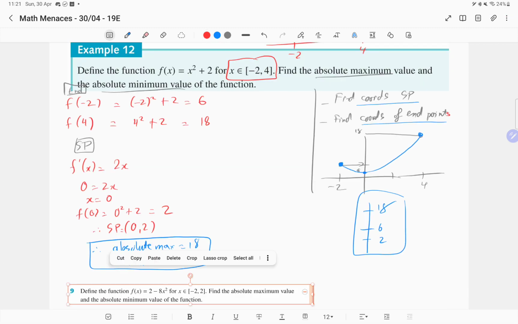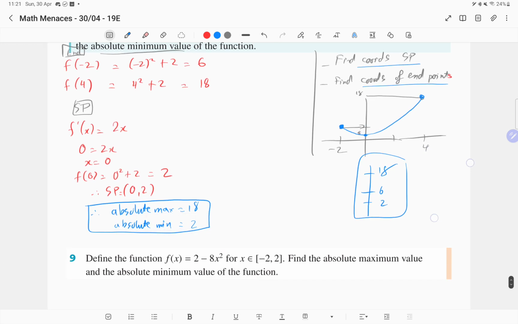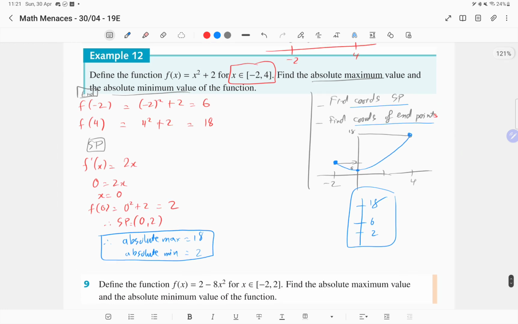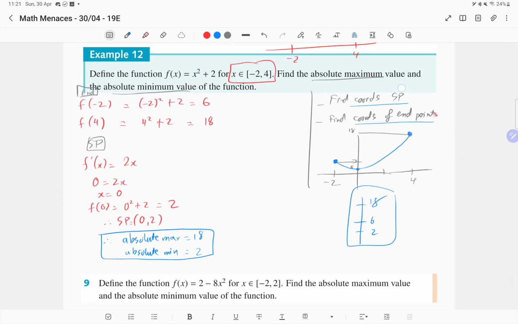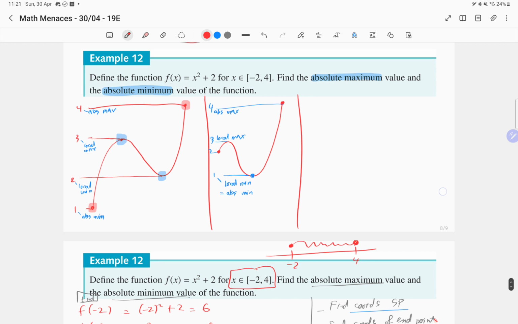Sorry, I forgot to turn on the recording for the absolute maximum and minimum, so you might have to ask Charlie to explain the absolute maximum and minimum. But in short, just find the coordinates of the stationary point and then the end point. Because you could either have a scenario where the absolute maximum is higher than the local maximum and the absolute minimum is lower than the local minimum.